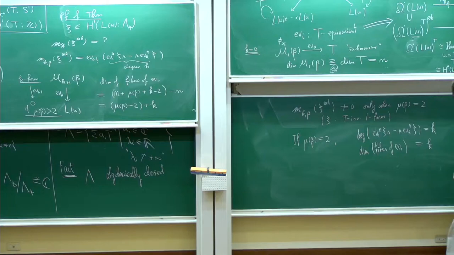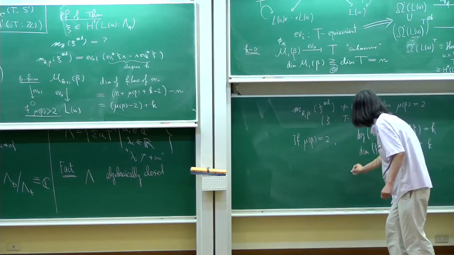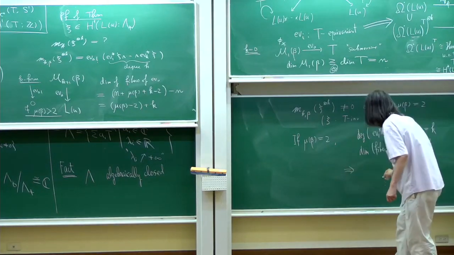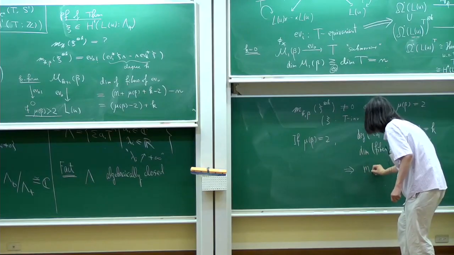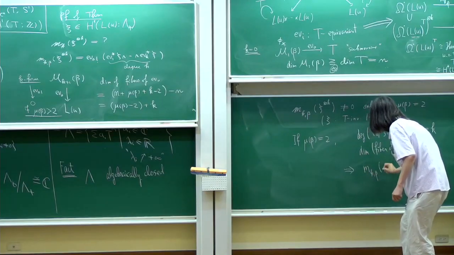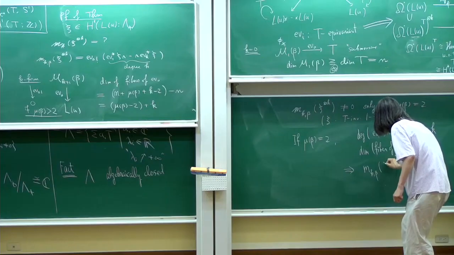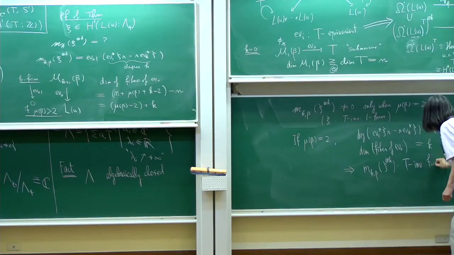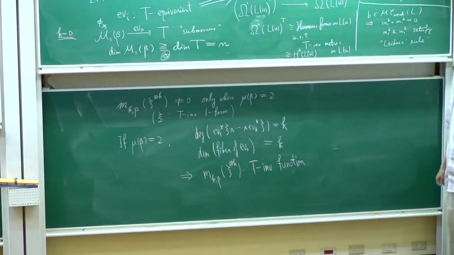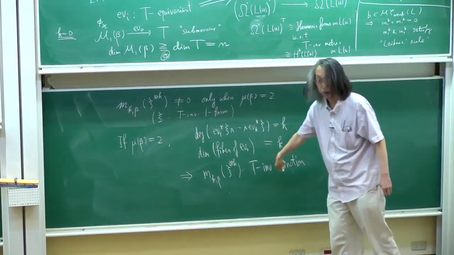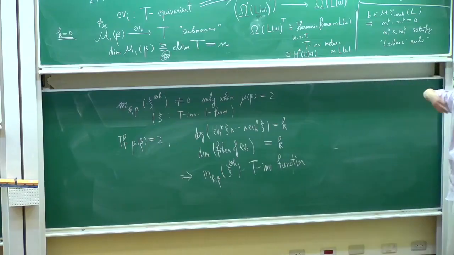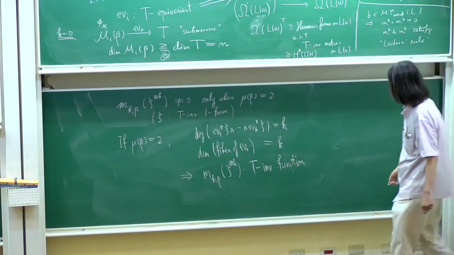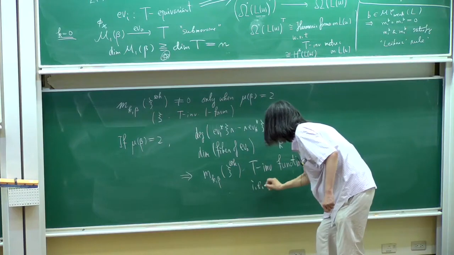So therefore, this mk beta of C tensor k is a T invariant function, a zero form. So it's a T invariant function. But this is a constant function, certainly, because LU is a torus orbit.